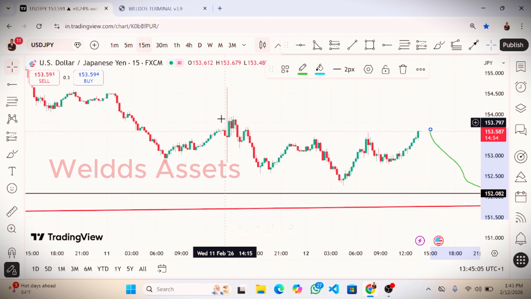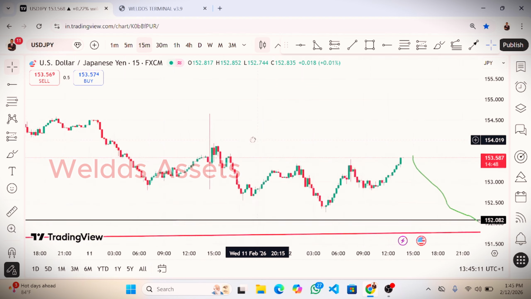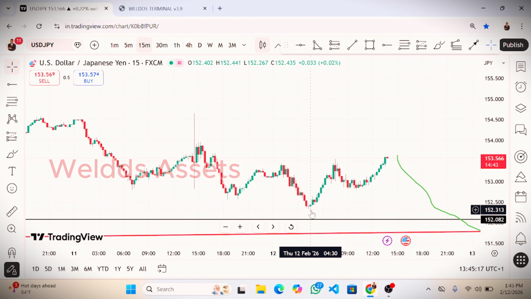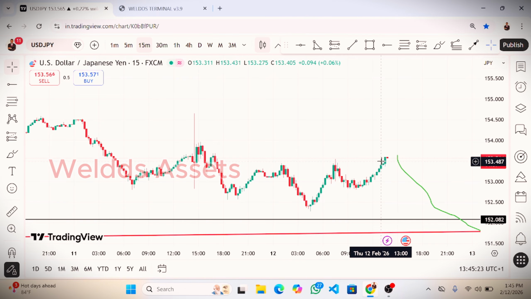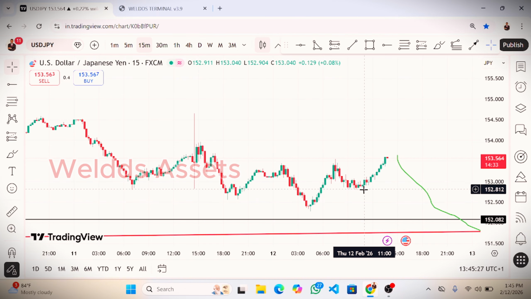For the 15 minutes time frame, you can see that this market was trending down, and this was a clear corrective movement. So it came here, went up and dropped to this low, then pushed back. This movement did not come to that level, and it started pushing. So this place became like a head and shoulders pattern.